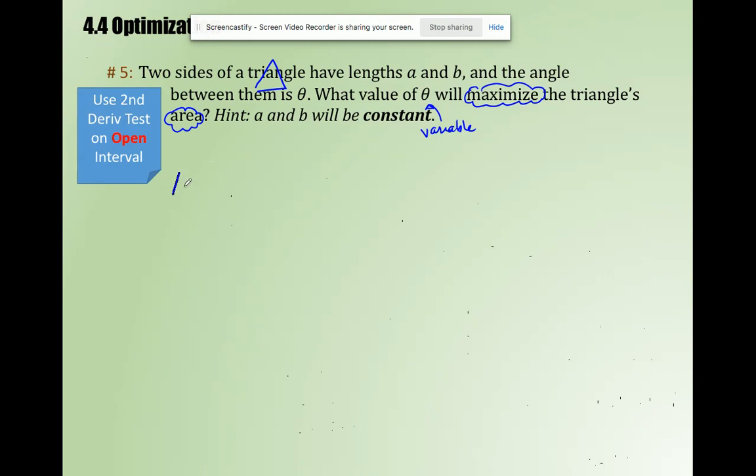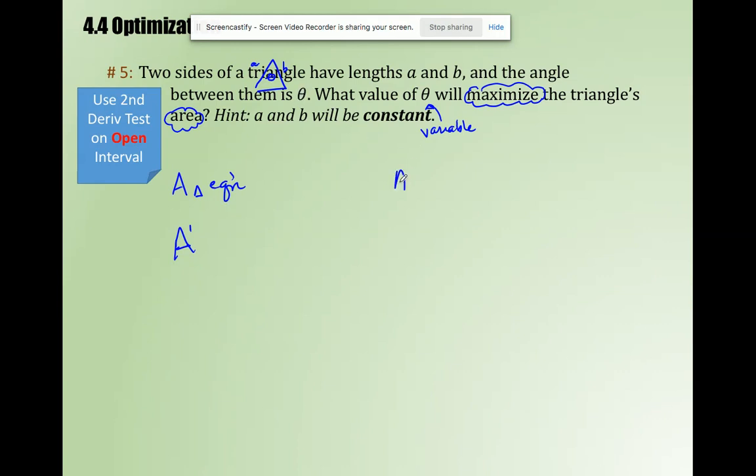So I want an area of a triangle equation, and then I want to take the derivative of that area. So I have some triangle with the sides A and B, they're fixed, and I have this angle theta between them.